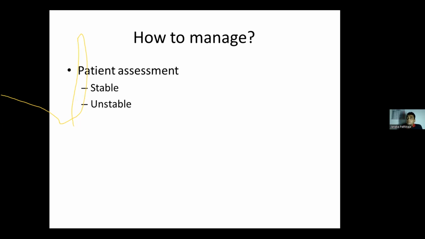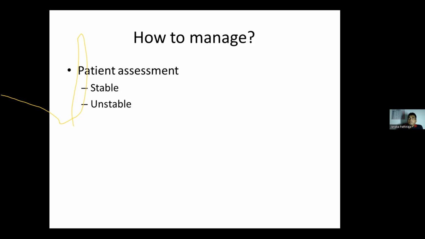But what are the main things? If you are in the CCU, what are the things you are going to monitor? Low SpO2. Oxygen saturation, if it is less than 94 in room air, that is a feature of instability. Then the respiratory rate, tachypnea. The patient is tachypneic, short of breath.